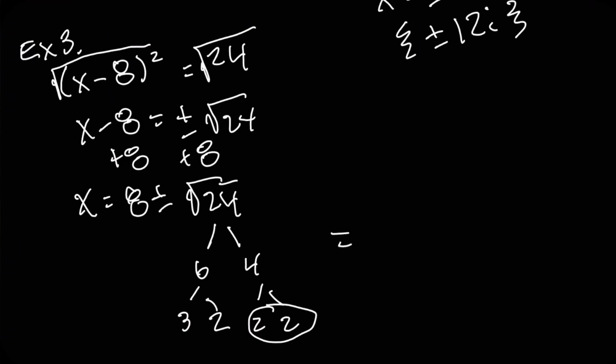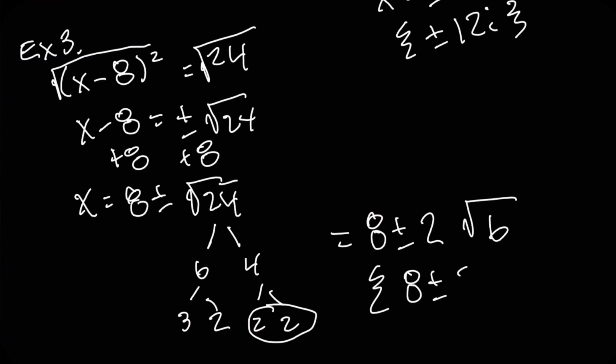So this will give us 8 plus or minus, and then the 2 can come out, and 3 times 2 will give us 6. So our final solution, we can say 8 plus or minus 2 square root of 6.